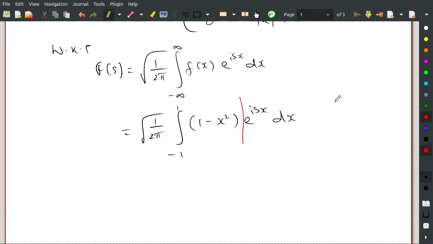According to that rule, we choose u in the order: log, inverse, algebraic, exponential, trigonometric, and lastly exponential. Here we have both exponential and algebraic forms, so these are the two choices.